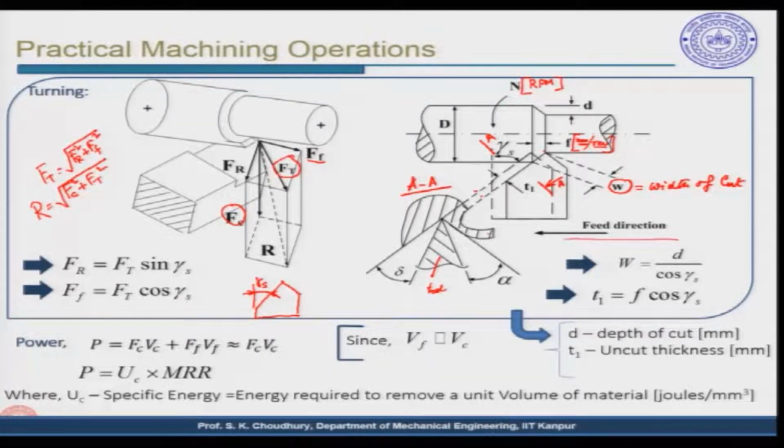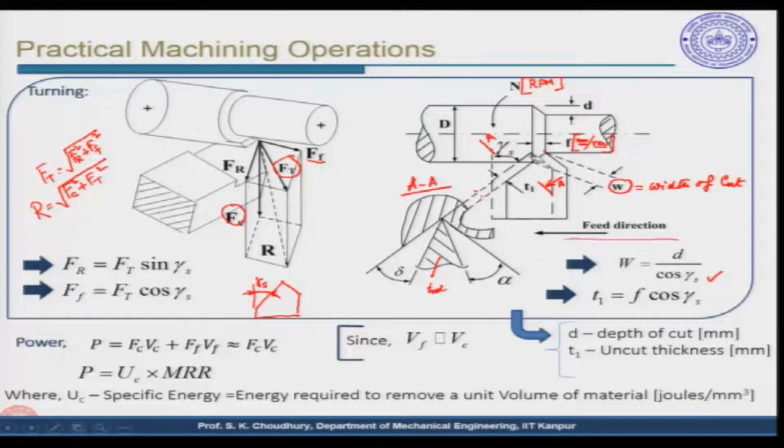And in the geometric parameters, the width of cut will be equal to d divided by cos of gamma s, that you can find out from this small triangle. Let us say in this small triangle, you can find out that w, which is this, is equal to d, which is this, divided by cos of the side cutting edge angle.